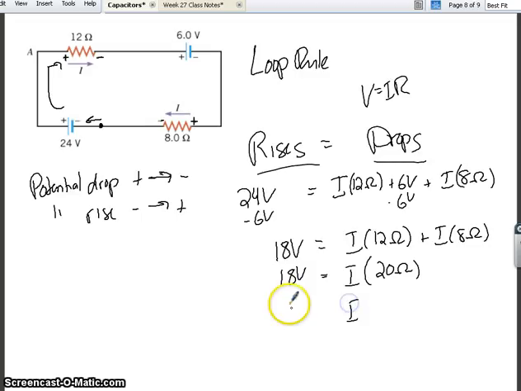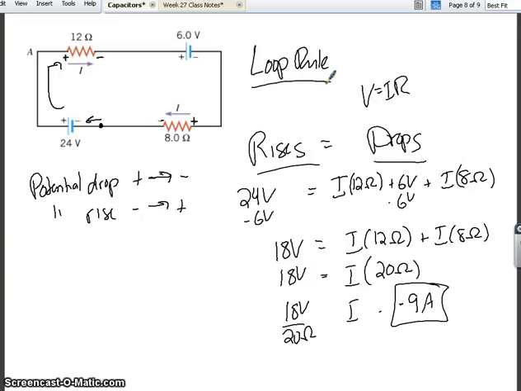I is going to equal 18 divided by 20, and this is equal to 0.9 amps. That is the current, and we found it using the loop rule based on the rises and drops in potential. If I had a negative answer, that would just tell me that the current is actually in the opposite direction.